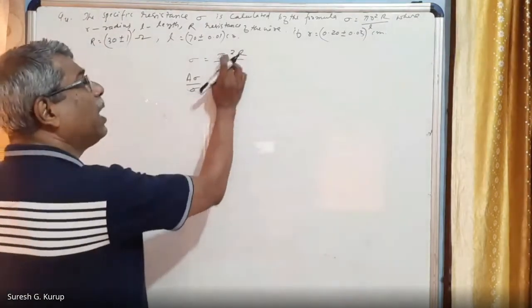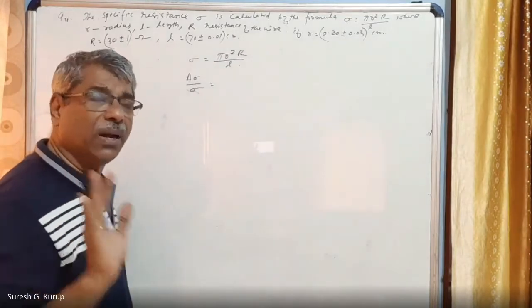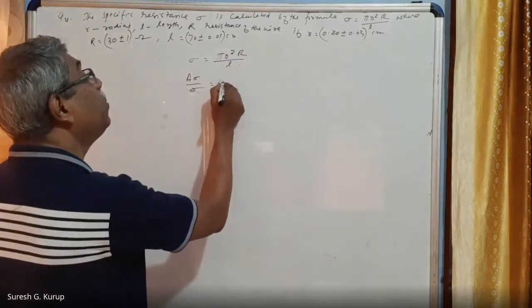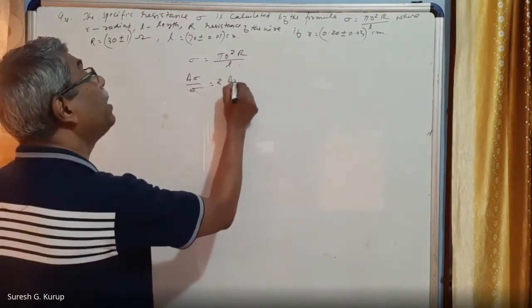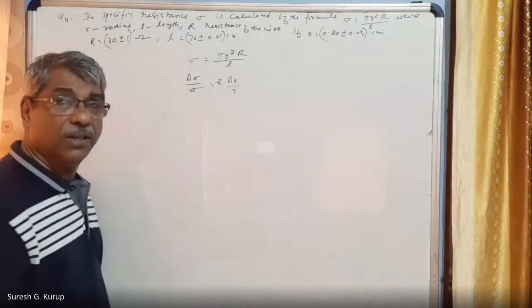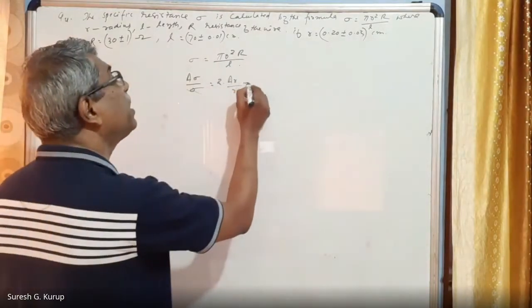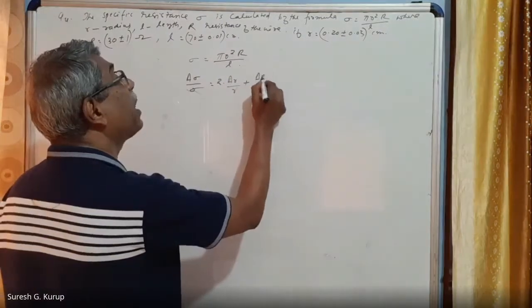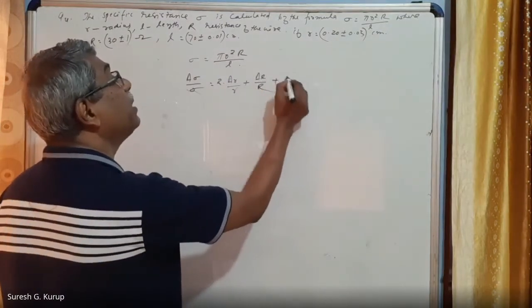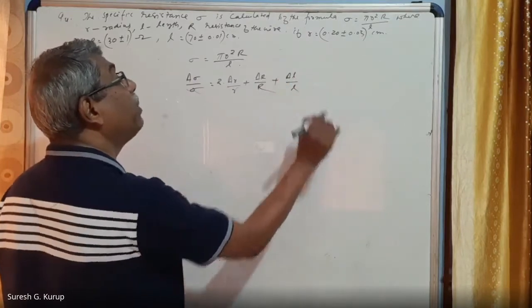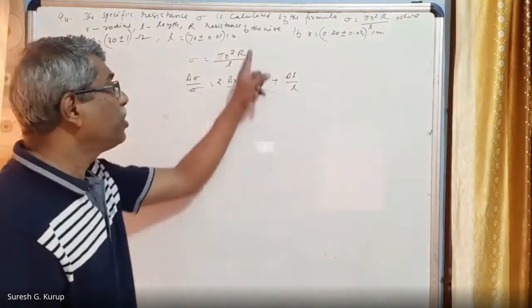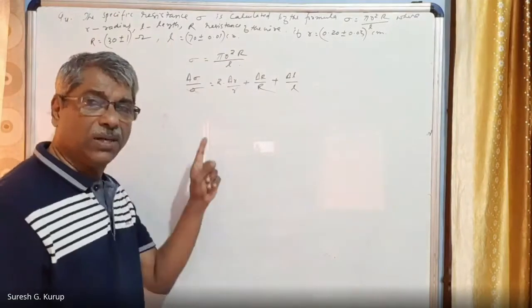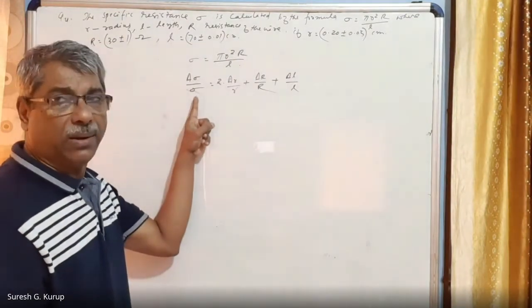Now coming to r square. r square is a power calculation. That is equal to 2 into delta r by r. You will write. Plus all the quantities, the errors are added only. Next is capital R. That means delta capital R divided by R. Plus next is delta L by L. So from this equation, we calculated the relative error.